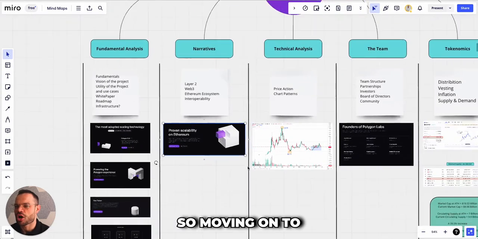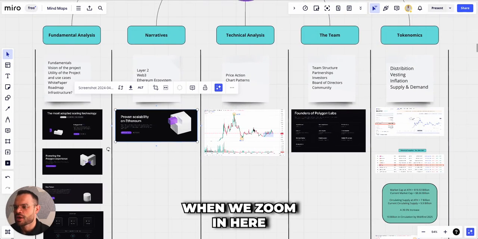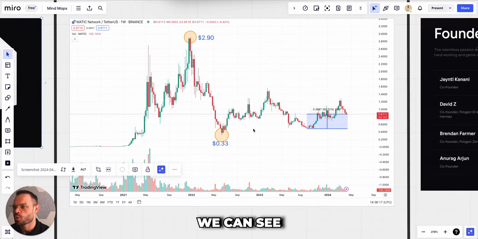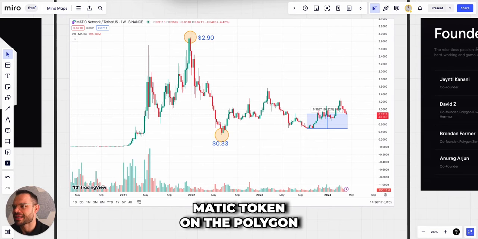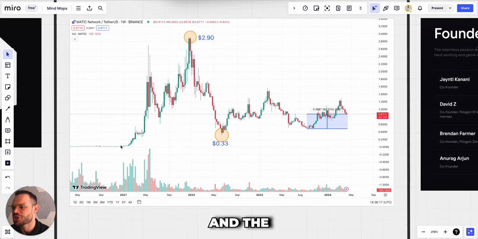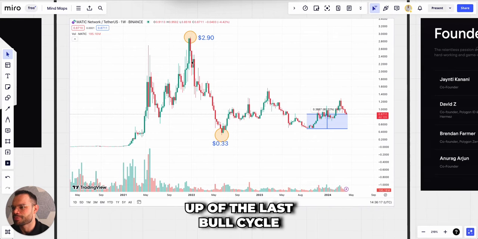So moving on to the technical analysis, when we zoom in here, we can see the price performance since the middle of 2020 when the MATIC token and the Polygon network was originally launched. And we can see the price accumulation and the performance of MATIC during the run-up of the last bull cycle all throughout 2021.